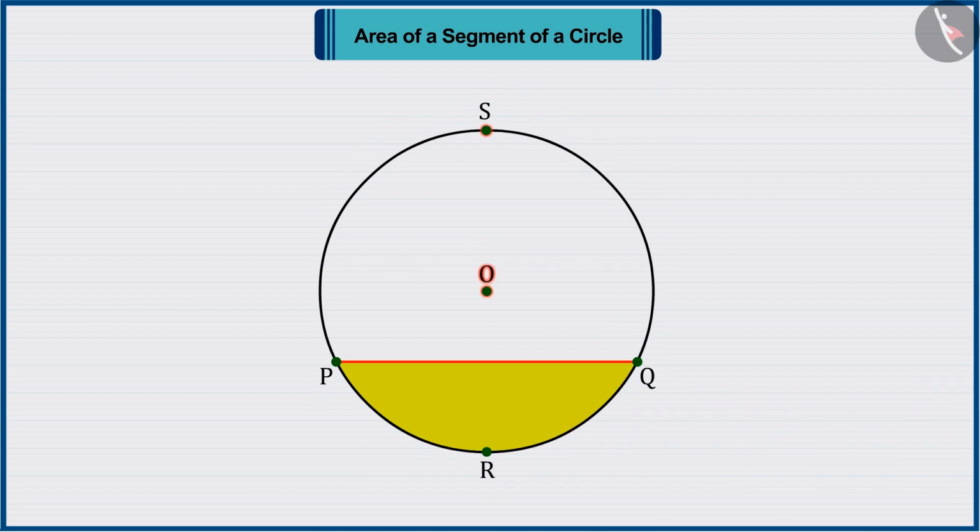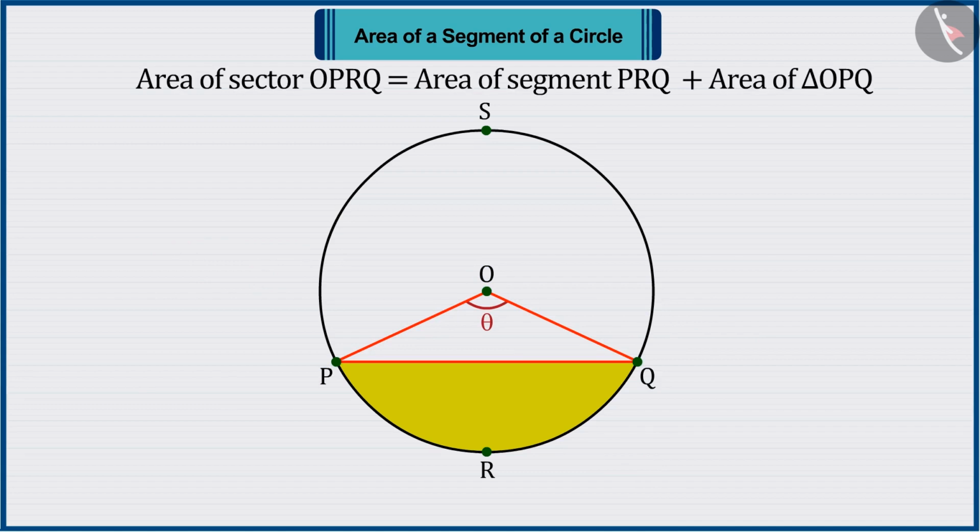For this, from the center O to the chord PQ, draw radii OP and OQ, where the value of angle POQ is assumed to be theta. Observing the figure carefully, we can say that the area of sector OPRQ is equal to the sum of the areas of segment PRQ and triangle OPQ.